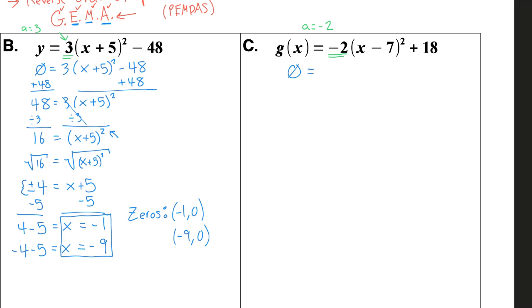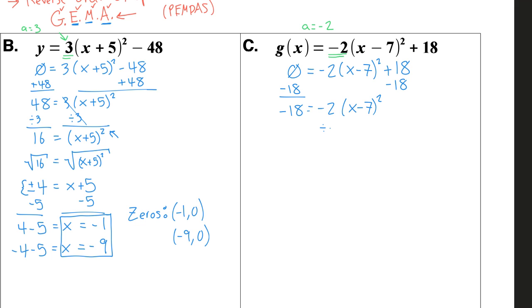We've got 0 equals negative 2 times x minus 7 squared plus 18. Again, we're setting it to 0 because we're finding where y equals 0, where the output is 0. We're just going to go through our undoing process. So minus 18, we get negative 18 over here equals negative 2 times x minus 7 squared.